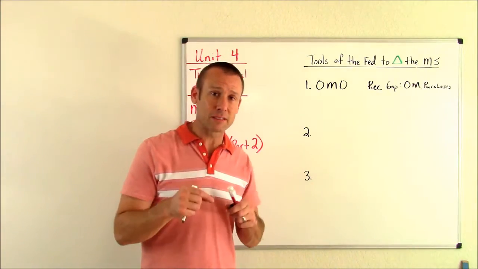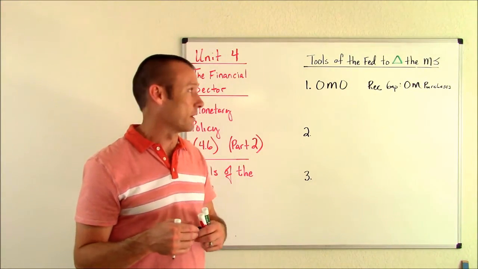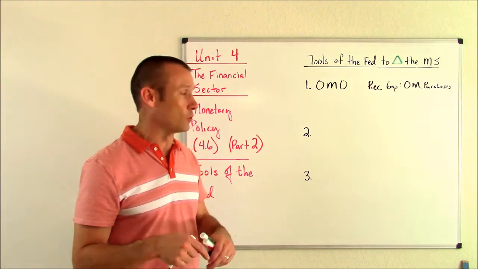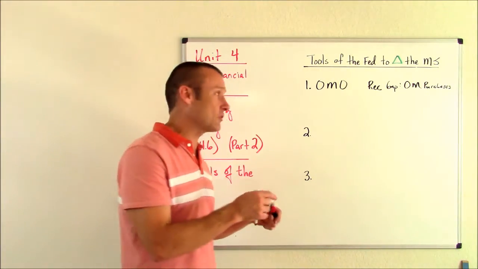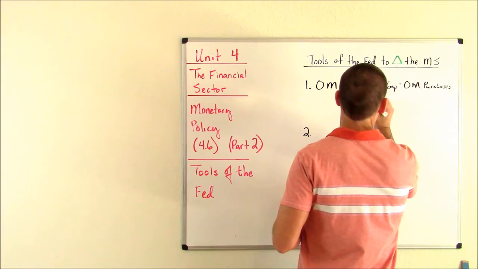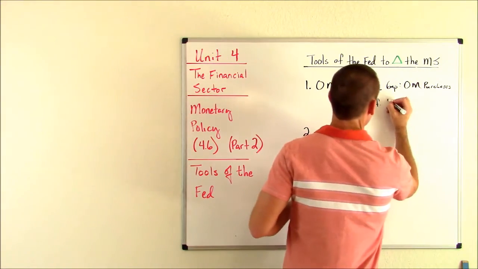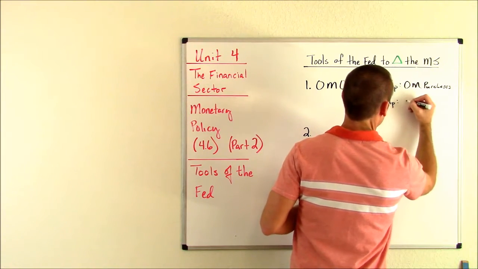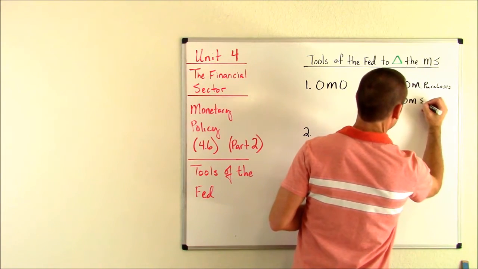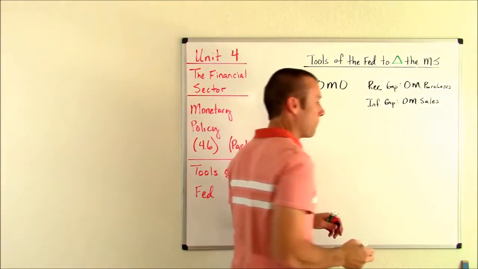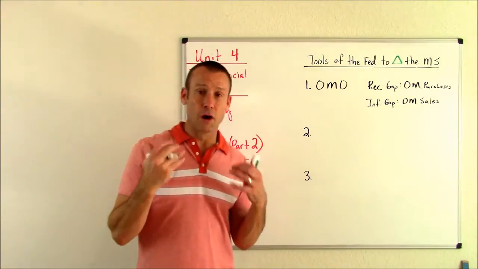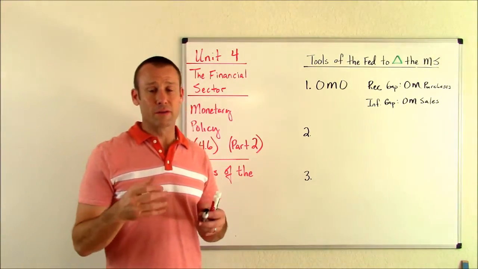If we are in contractionary, bust times, that is what they are going to do. If we have an inflationary gap, which we associate with boom times, they are going to do open market sales of these bonds. What does that mean?